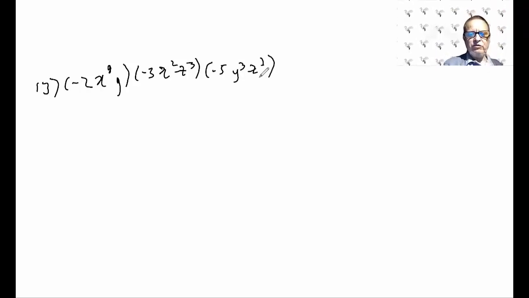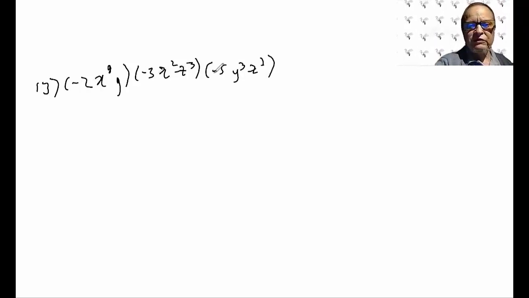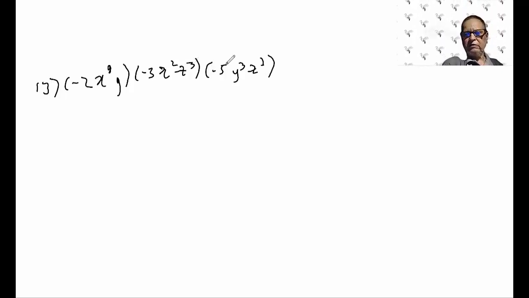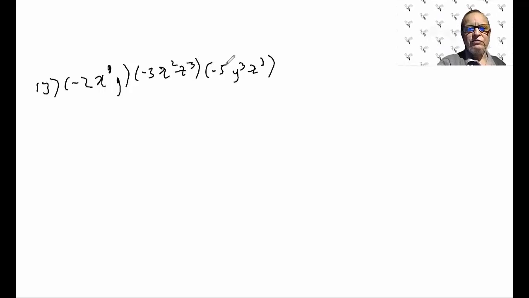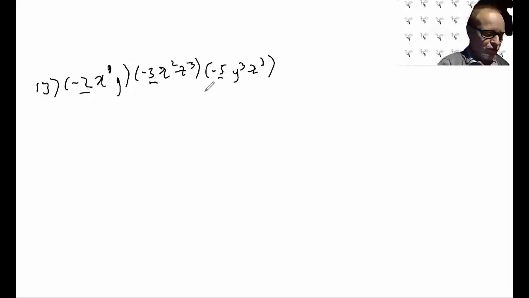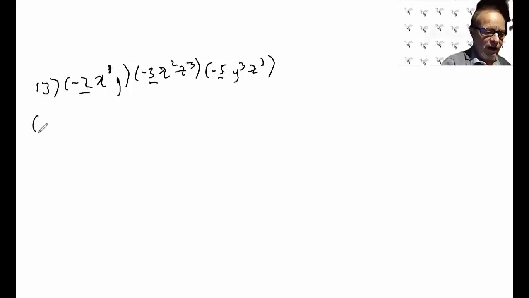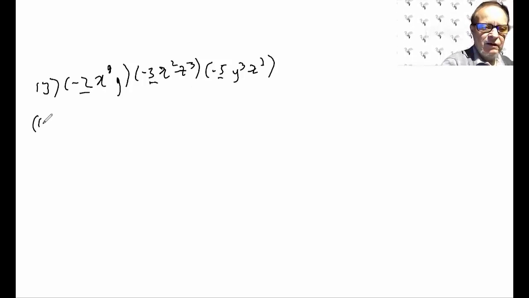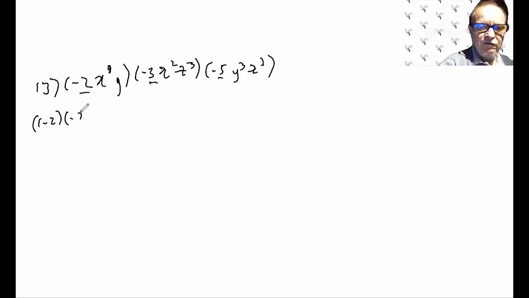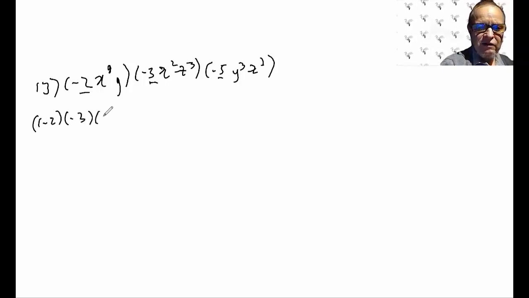And what I'm going to do, as usual, even though we have 3 different monomials, I'm going to take all my number terms and put that again in one bracket. Negative 2, negative 3, negative 5.